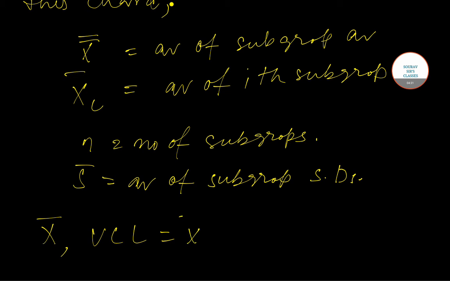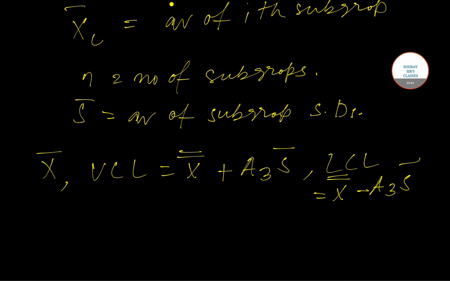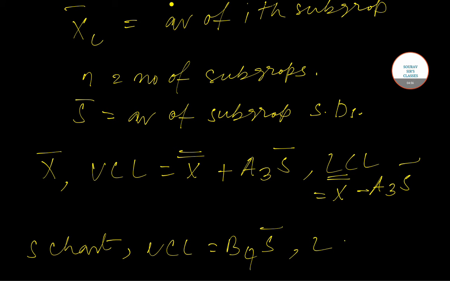So now for X bar chart, UCL is equal to X double bar plus A3 S bar, and LCL is equal to X double bar minus A3 S bar. And for S chart, UCL is equal to B4 S bar and LCL is equal to B3 S bar.